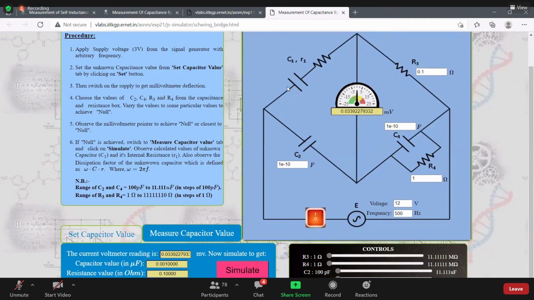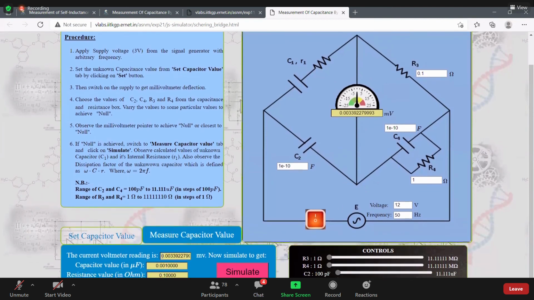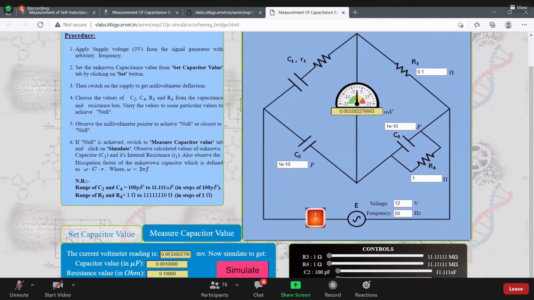What is your name? Preeti, sir. So, how much frequency are you using? 500. Change it to 50. Did you observe the output? Output voltmeter output. Yes, 0.